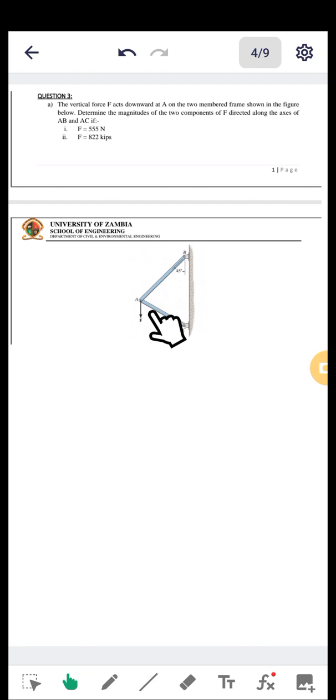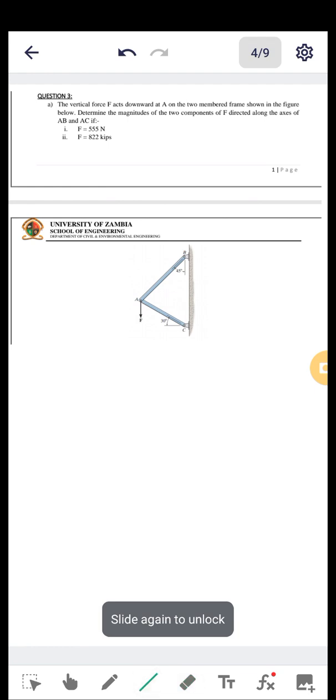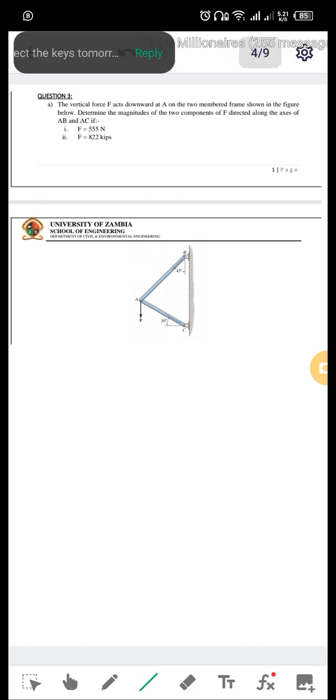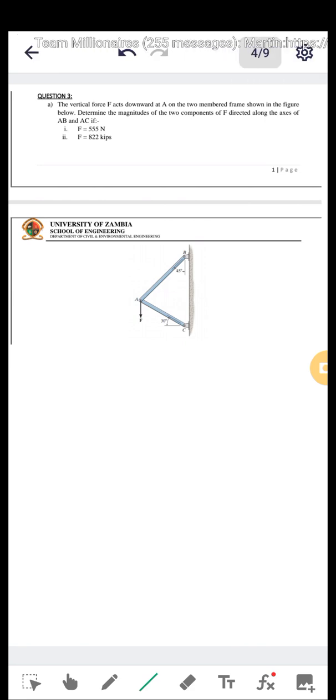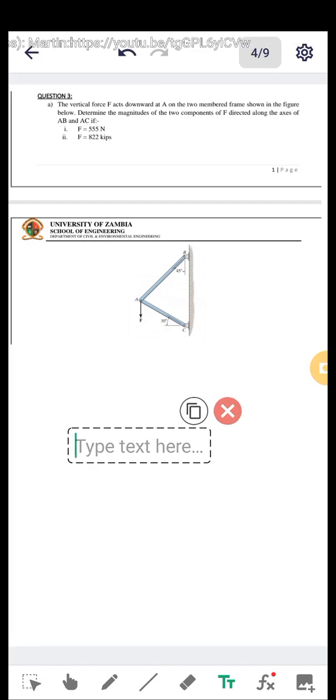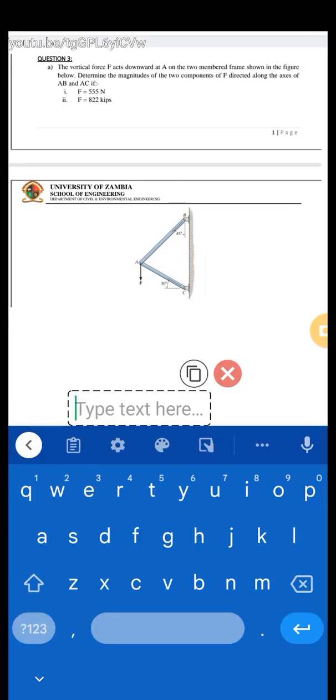Now as you can see, we are trying to make a parallelogram. So let's make a point. Sorry, I'm using my phone to do these things.